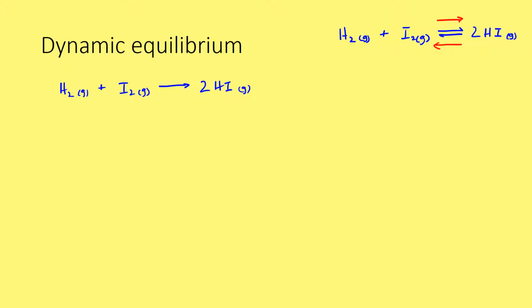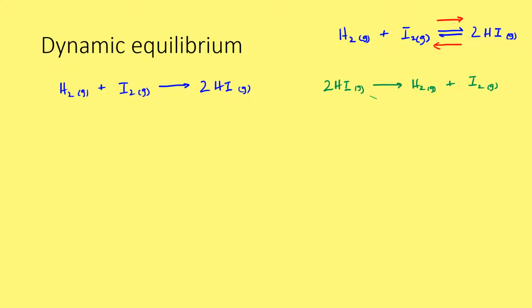So that's the forward reaction, and let's do the backward reaction in green. So the backward reaction starts off with two hydrogen iodide molecules, and they split up to make one hydrogen gas molecule and one iodine gas molecule. And those two reactions are going on at the same time.